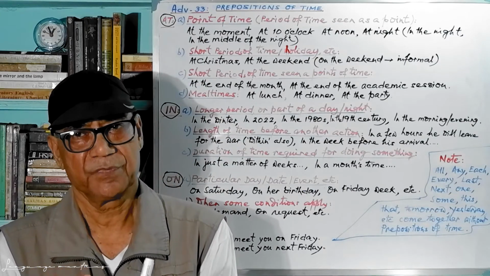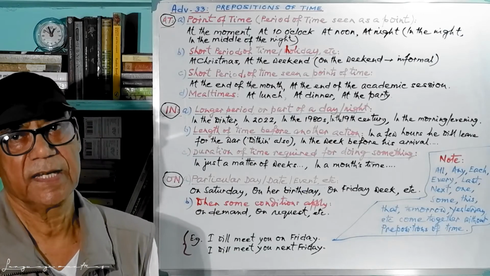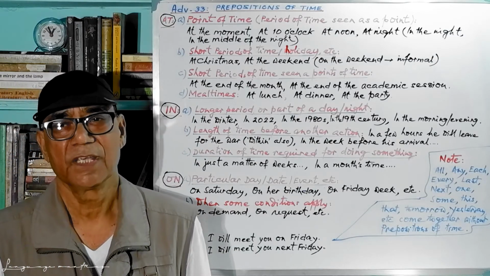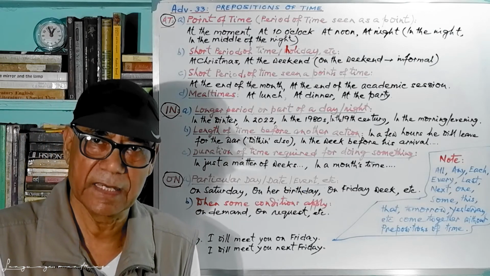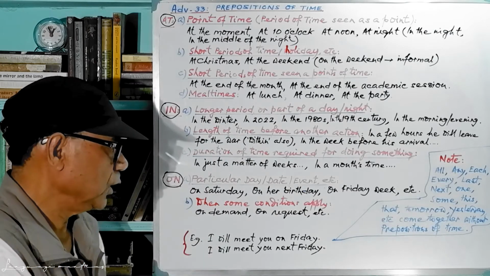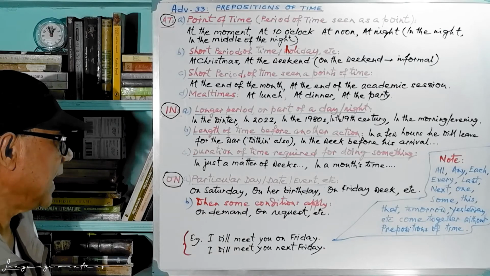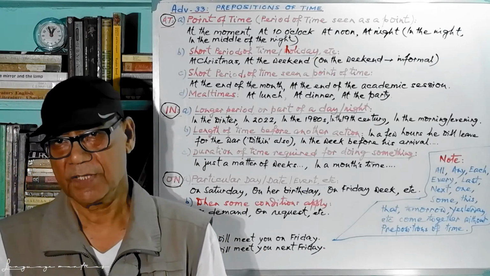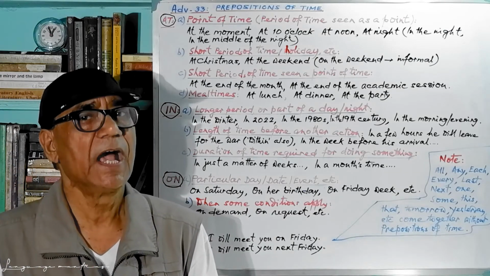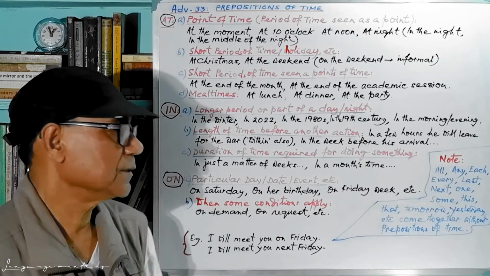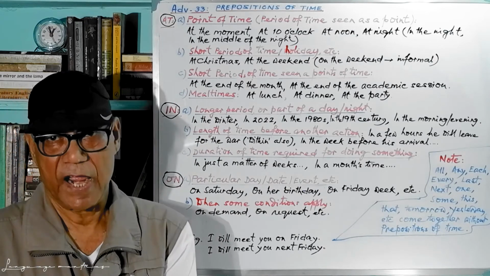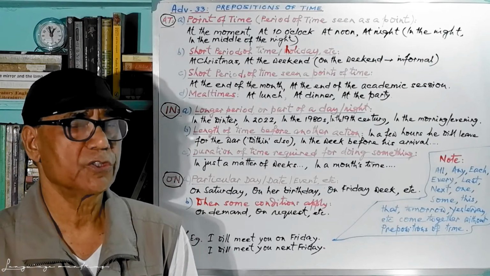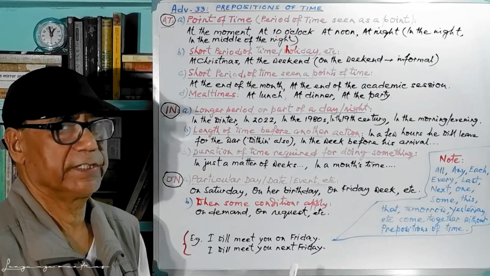If these words are there in a sentence, you need not use on or at or in. For example, you compare these two sentences. I'll meet you on Friday. There is no problem. It's a nice sentence. But I'll meet you next Friday. Very fine. You do not require on here.